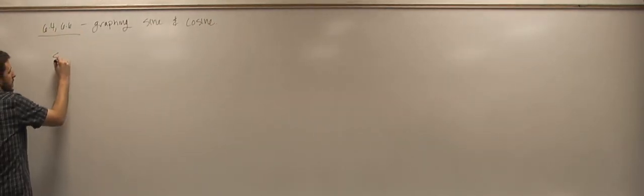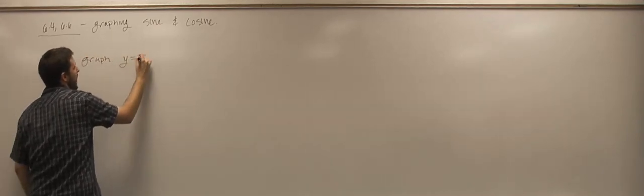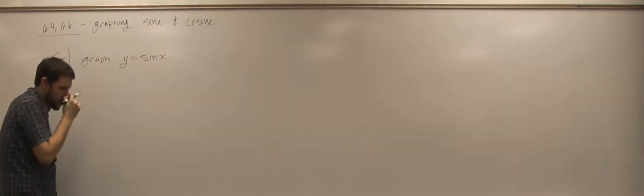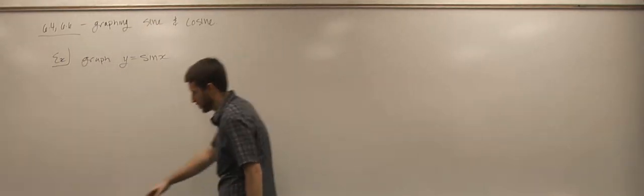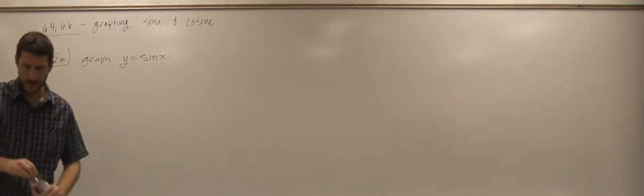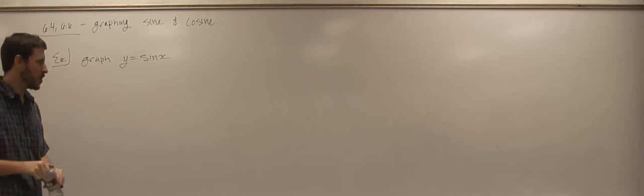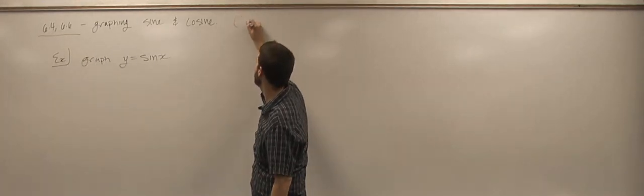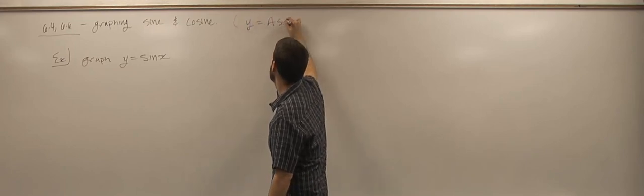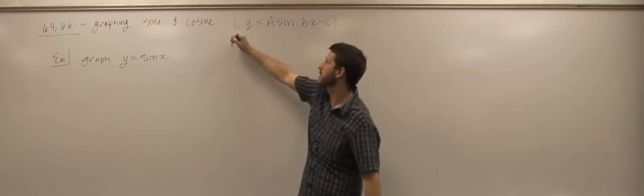So quickly, if I tell you just to graph y equals sine x, what do you do? How does this work? In general, later in the section we started talking about graphing a sine bx minus c, adding all these extra numbers in there.